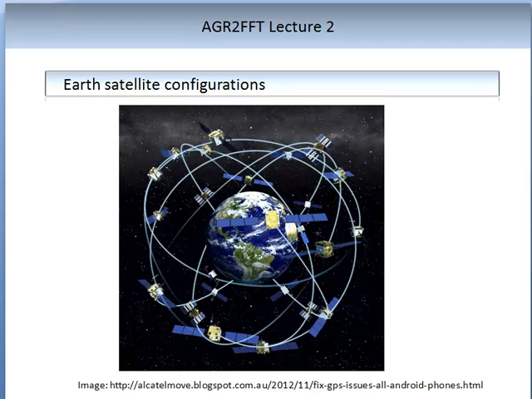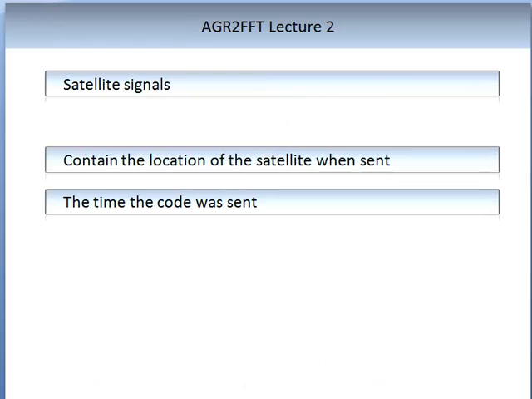You will see that there are a number of satellites that orbit or rotate around the Earth at any one time. It is from these satellites that the information is transferred into your GPS hand unit. It is the information from the satellite signals which enables your hand unit to determine where you are.